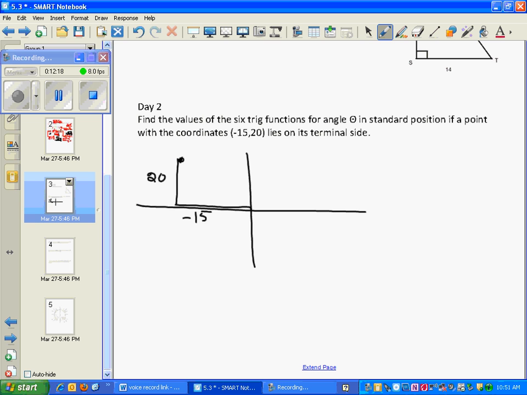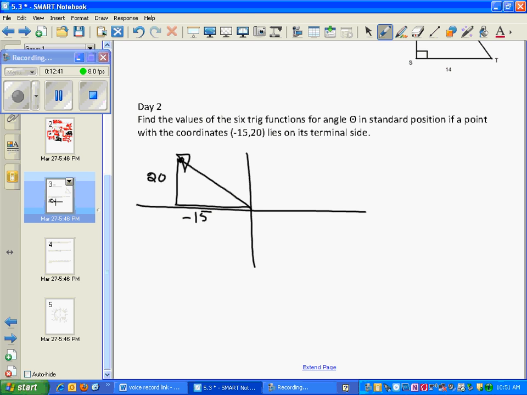My goal is to draw a right triangle. And remember, this is my vector. This is my rotation. If I'm rotating my angle and my end ends up here at negative 15, 20, my reference angle is with respect to the x-axis, correct? That's how I'm drawing my triangle, right?